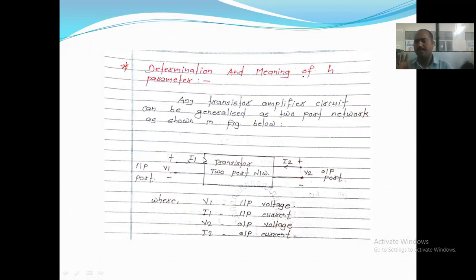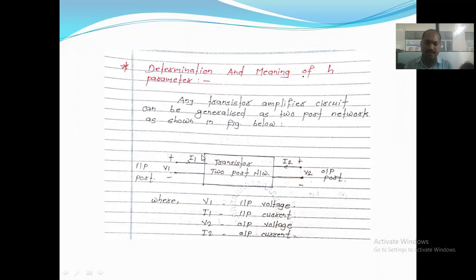What it indicates is that one terminal of your transistor should be used as common between your input and output. So it is not only 3, it becomes 4. Why is it 4? Because one terminal is common between your input and output, so whatever terminals we count with respect to your transistor, that is 4. That's why analysis of the transistor as a 2-port network is possible, right?